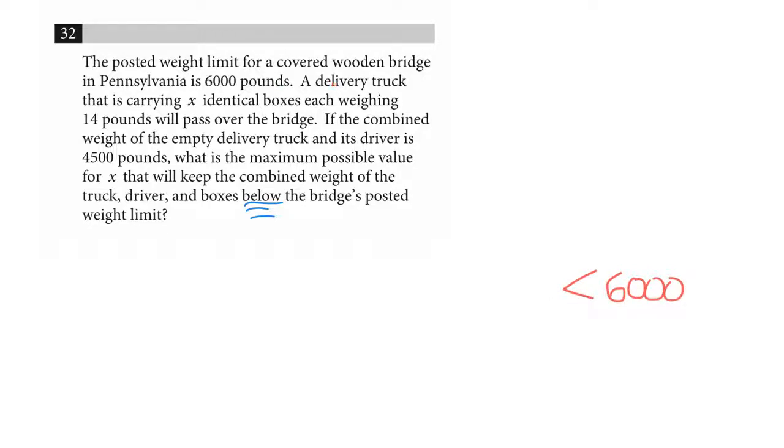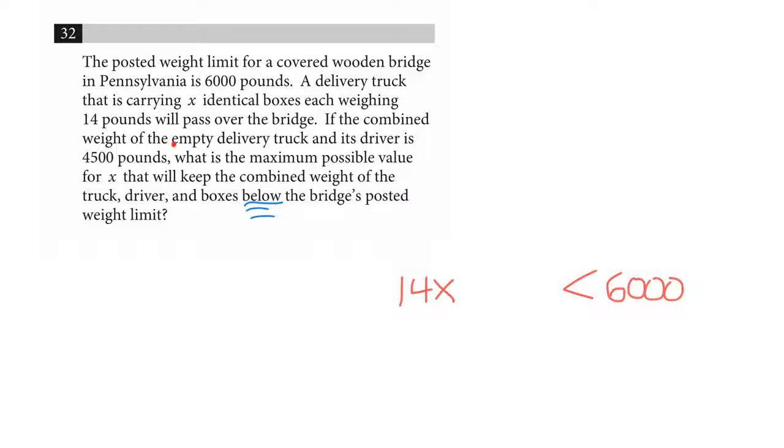And a good expression that we could use is, okay, X, we don't know how many identical boxes, X identical boxes, it could be 2, it could be 3, who knows. But each one of the boxes weighs 14, so it's definitely going to be 14 times X, right? 14 pounds times however many boxes you're dealing with.